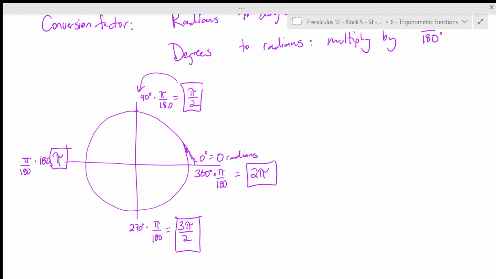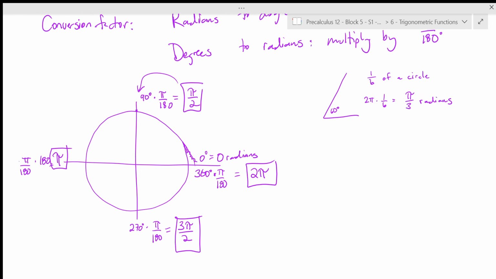So let's take 60 degrees, for example. We use 60 degrees a lot. It's in one of our special triangles. So 60 degrees is 1/6 of a circle, because the whole circle is 360. So if I take 1/6 times 2 pi, 2 pi times 1/6 gives me pi over 3 radians.